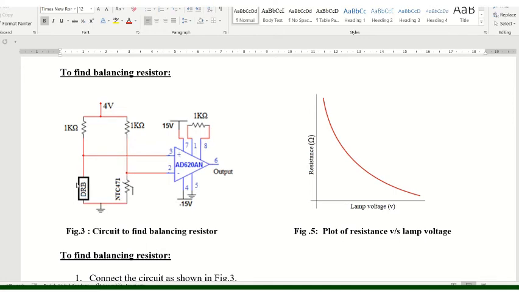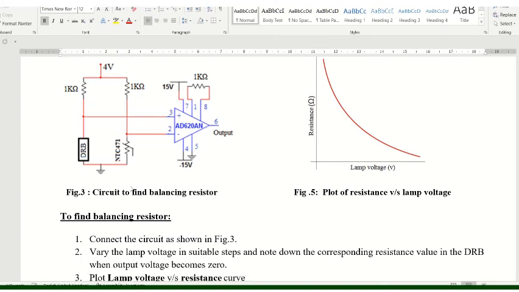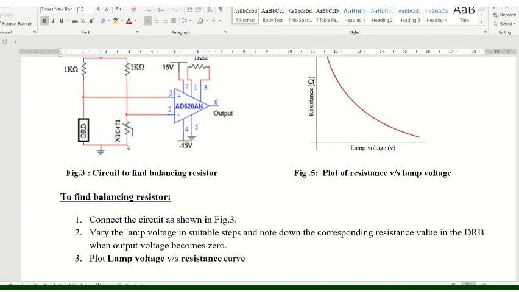Okay, the discrete resistance box. So what you are trying to do here is observe when the output voltage from this bridge circuit becomes 0, and note down the resistance from the resistance box.